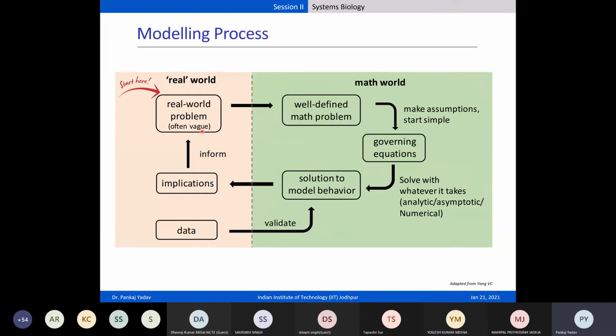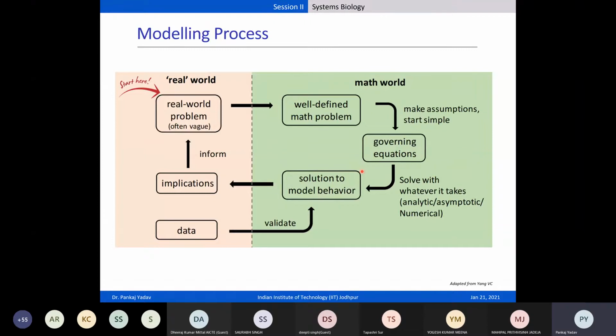Some solution is provided, and this cycle can also be repeated, and even within this we can have some repetitions, right? So we can have some iterations here.